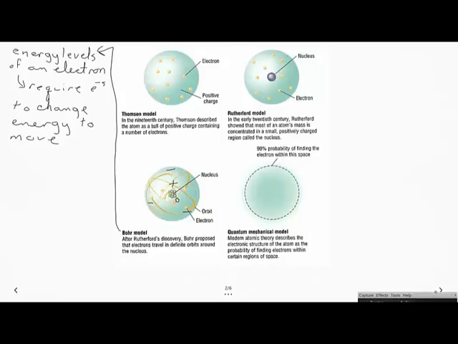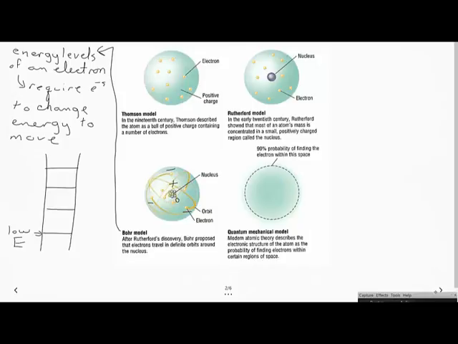So when Bohr was thinking of this, he wasn't really thinking of it in terms of steps. He was thinking of it more in terms of a ladder. And so he said that if you think about the rungs of a ladder, the lowest rung of the ladder is the lowest energy.